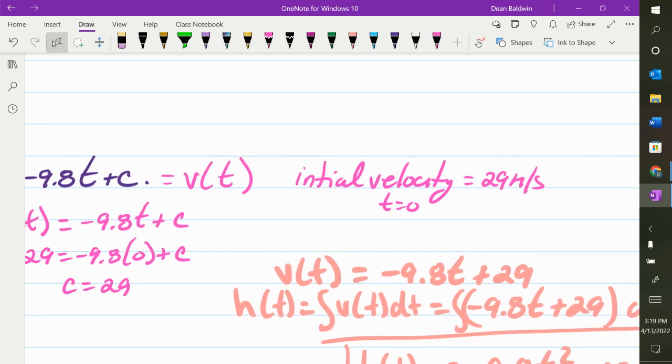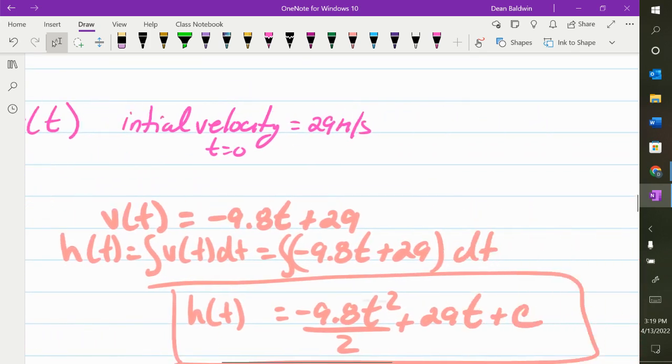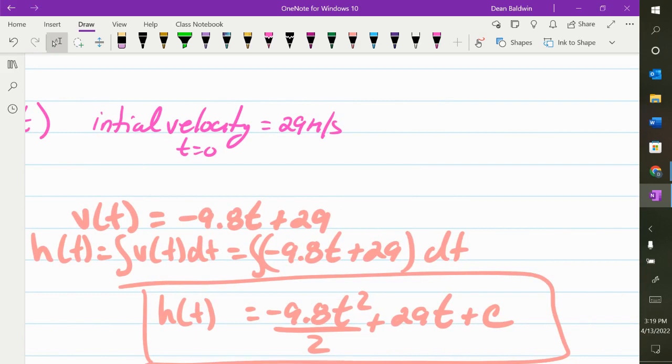V of t is negative 9.8 t plus 29. I do the integral of that because I want to get the position function back. That gives me that function, right? You add 1 to the exponent and divide by 2. So t squared over 2, correct? Yes. 29t, because you put a t in front of that, plus my constant.